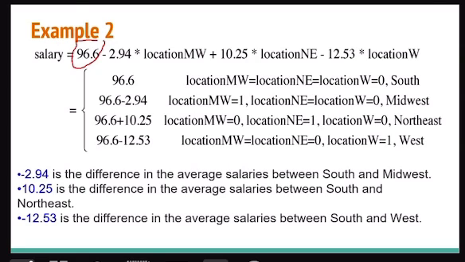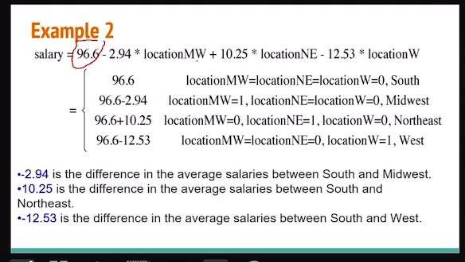The 96.6 has to do with the South. The South is coded 0. Don't forget, when you want to go by the technical interpretation of the y-intercept, you normally say it is the value of y when x is equal to 0. So here, we coded South as 0.